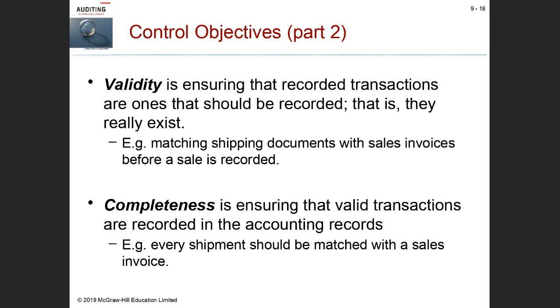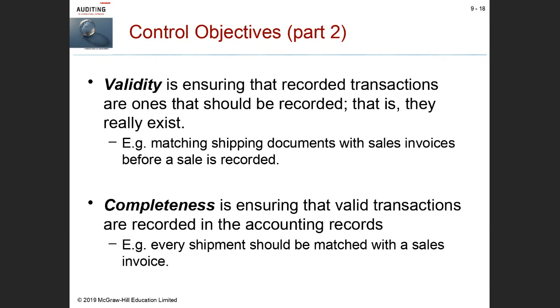If you want to ensure that all sales invoices are valid transactions, what internal control should you have in place? You should have the control in place that ensures a sales invoice is not recorded unless it's been matched with a shipping document, right? So you're tracing from the sales invoice back to the shipping document. With respect to completeness, you're testing in the opposite direction.